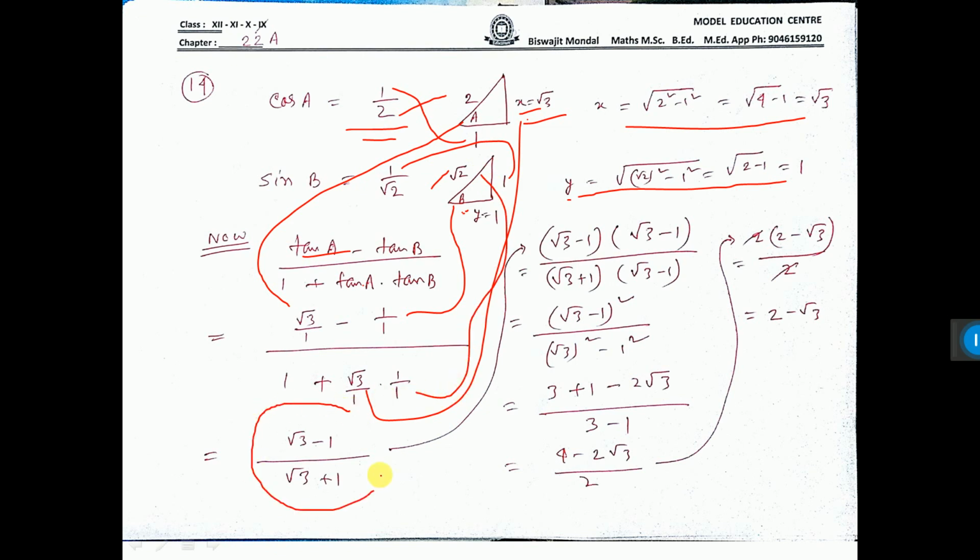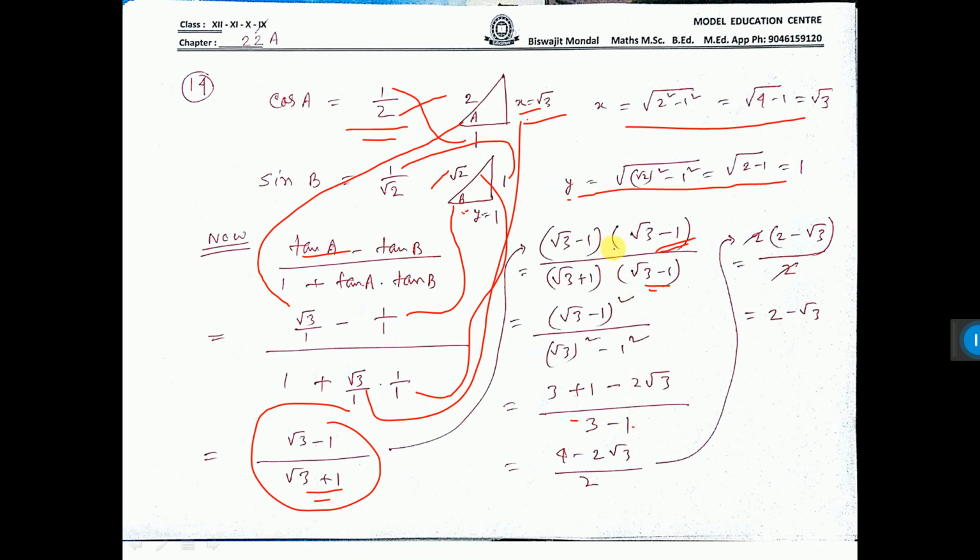Now calculate and see here, root 3 plus 1. So you make the surds free using the conjugate surd, root 3 minus 1. So you multiply both numerator and denominator. So the denominator will be a plus b into a minus b, that is a square minus b square. So root 3 square is 3 and 1 square is 1.